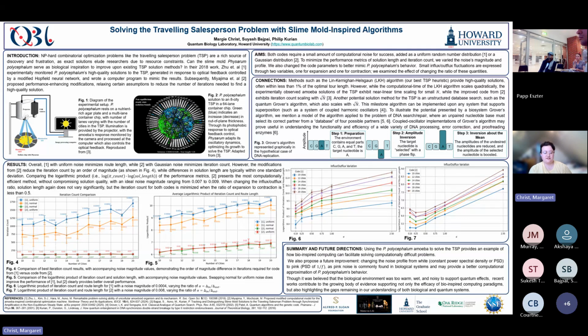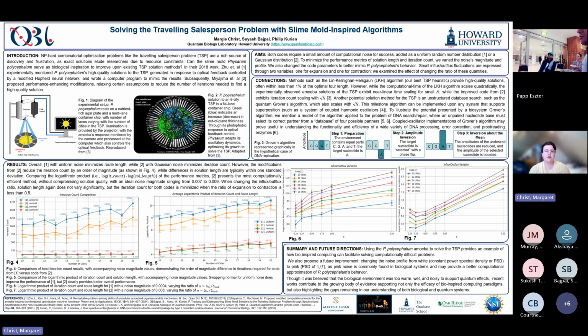So what we looked at specifically regarding these two codes is both codes require the addition of a small amount of computational noise in order to successfully reach a solution. That's added as a uniform random number distribution for the first code, or a Gaussian or normal distribution in the case of the modified or the second version of the code.